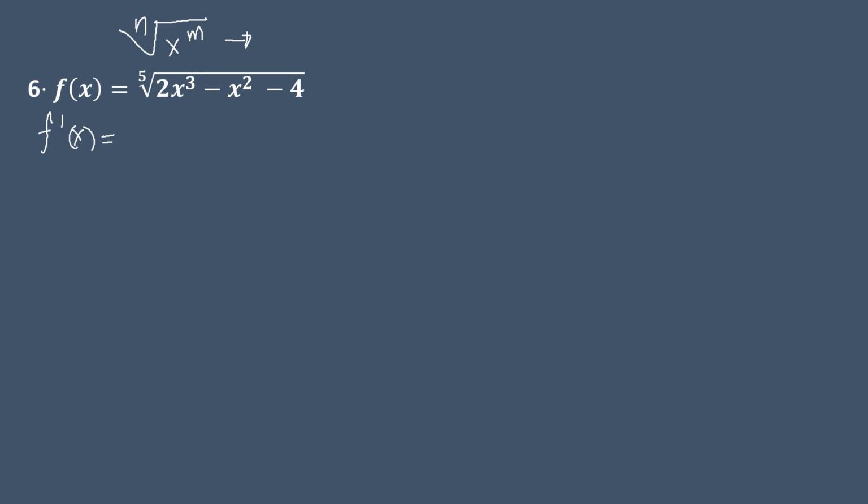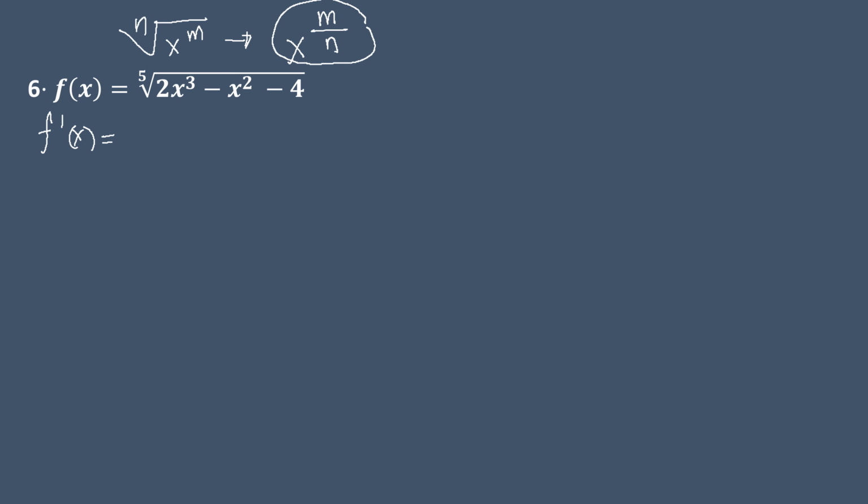So how do we write this nth root of x to the power of m to the equivalent fractional exponent? We simply copy the x, and then our radicand x to the m will refer to the numerator in the fraction, and the n there as an index is our denominator. So from the nth root of x to the m, it is now x to the power of m over n.